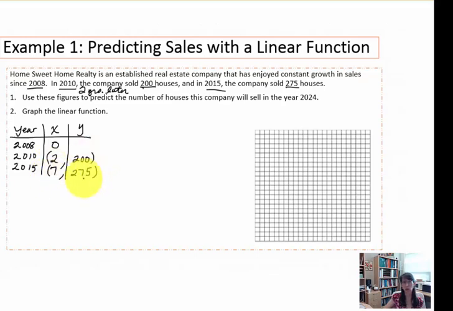If we have two ordered pairs, we should be able to come up with the slope of the linear function. So we're going to calculate our slope, and that is represented by our variable m. Change in y value is the numerator. So the y values, just working from top to bottom, would be 200 minus 275.